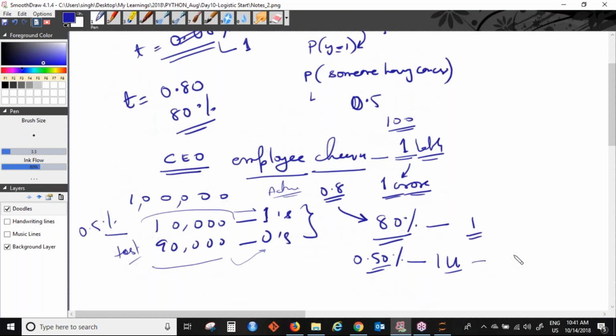We will give 1 lakh rupees only if the chance of quitting is 80% or more. Do you follow, guys? So in these cases, we will increase the threshold to a higher number. We will not keep 0.5, but some higher number just so that we can meet the budget. So this is why we vary the threshold at times, to meet our business requirement.